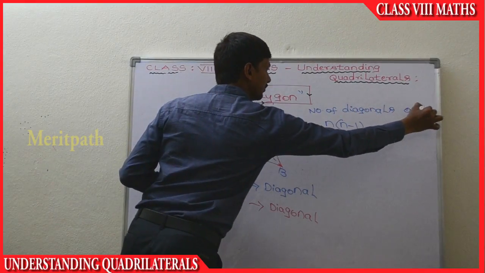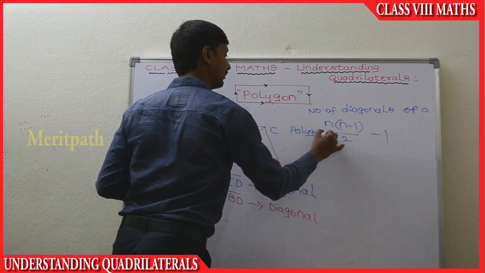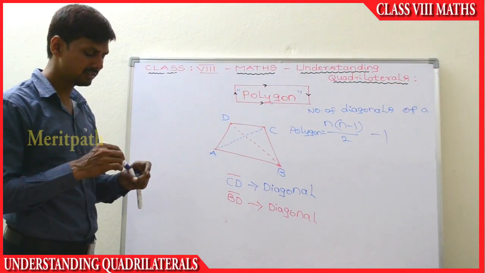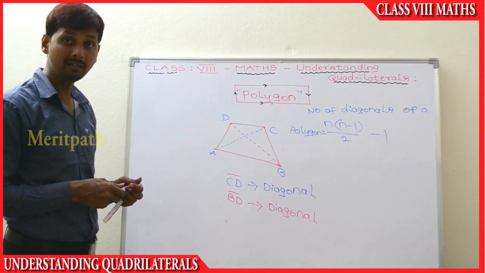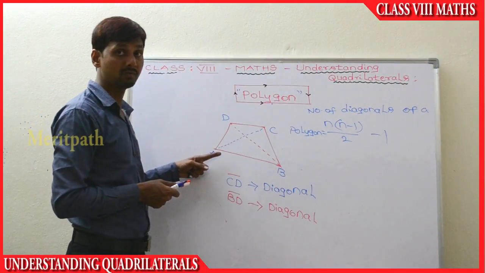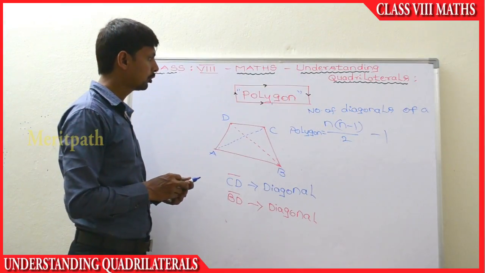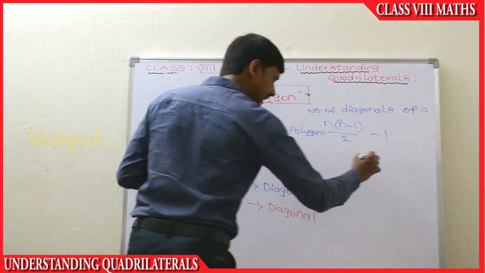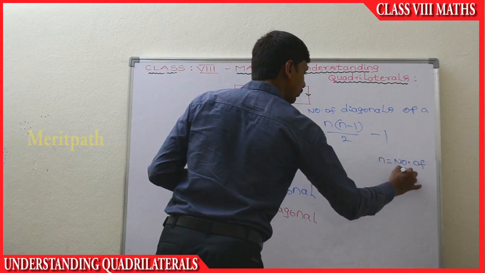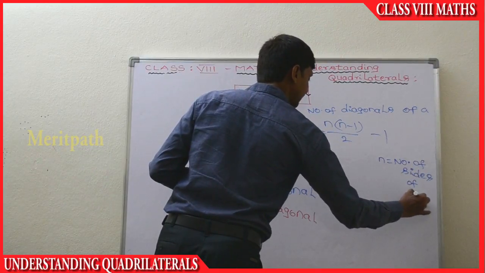Let's verify how we get the number of diagonals for a quadrilateral. Here n is the number of sides of that particular polygon.